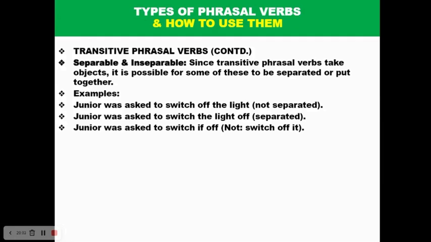No. If you are using a pronoun as the object, then you must use this type of transitive verb as separated: switch it off. It comes between switch and off. But you cannot put the phrasal verb together and then add the pronoun.